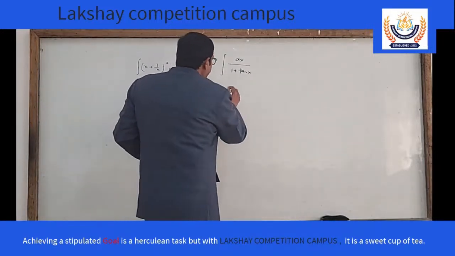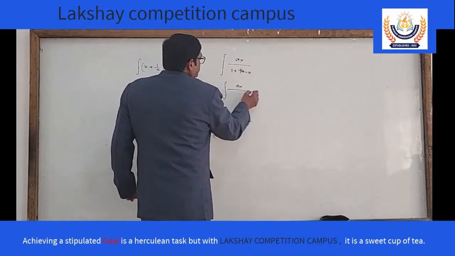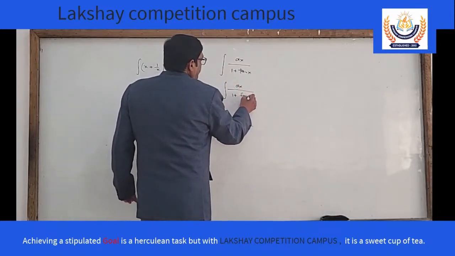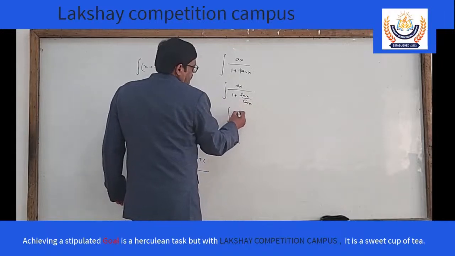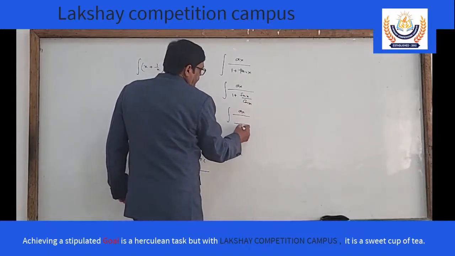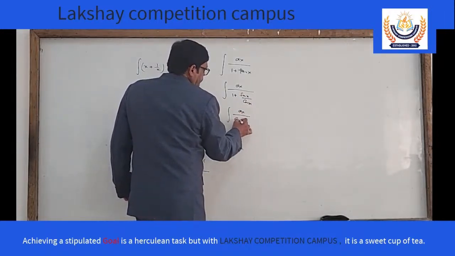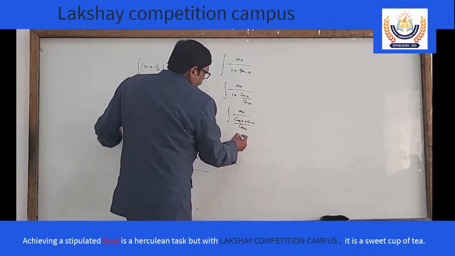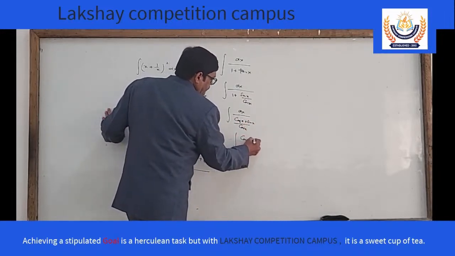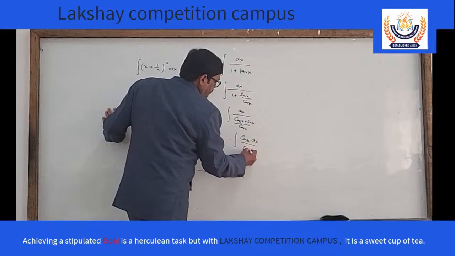You convert it into sine and cos: sine by cos. You find the LCM: cos x upon cos x plus sin x. So you have cos x upon sin x plus cos x.